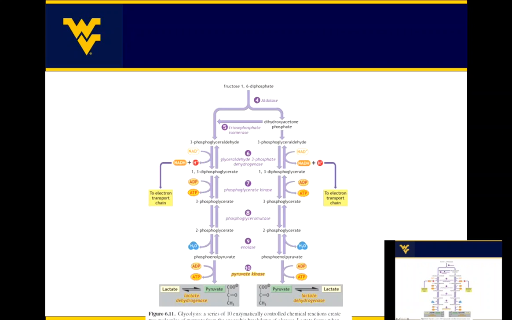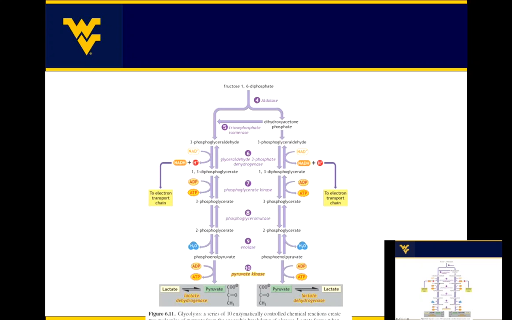So the way the artist is showing this, and I always tell the students I like this picture because it reminds you that for each glucose molecule you actually get 2 3-phosphoglyceraldehydes. 2 of these, right? Why that is important is because now as we begin to go down and convert it from one substrate to the next, notice that there are steps where ATP is formed.